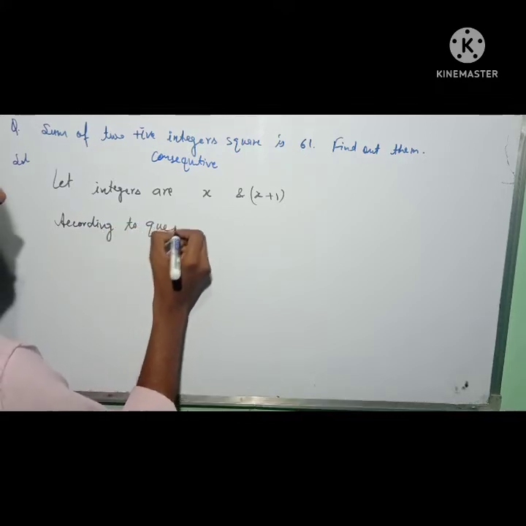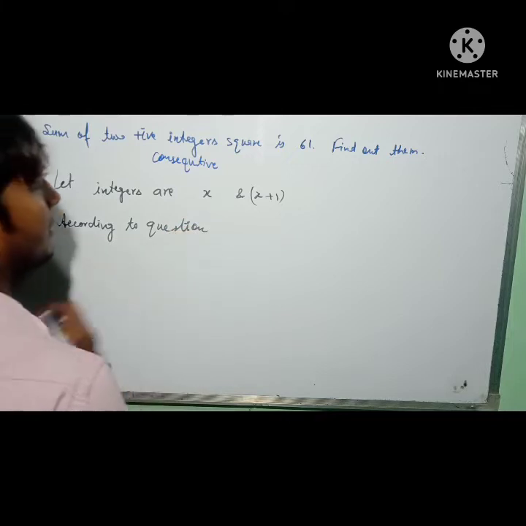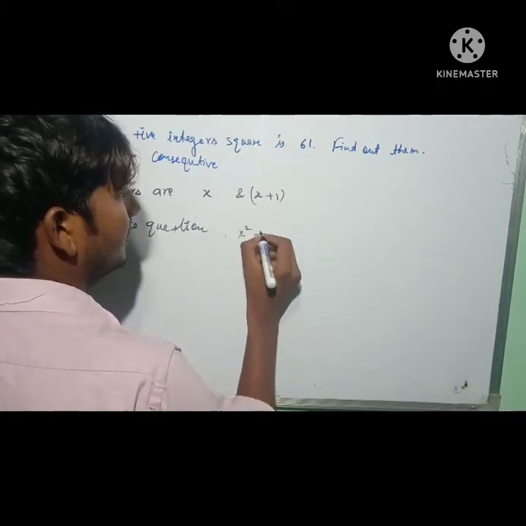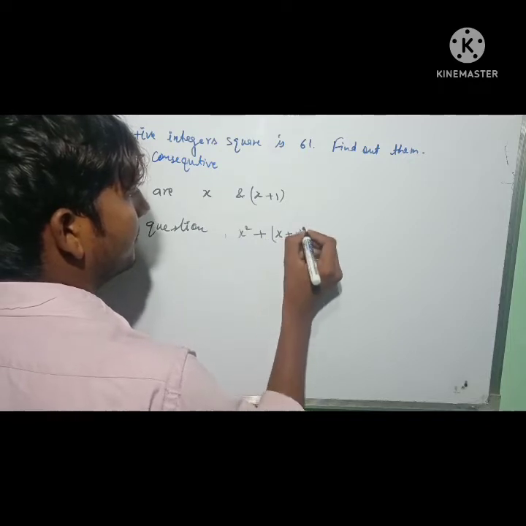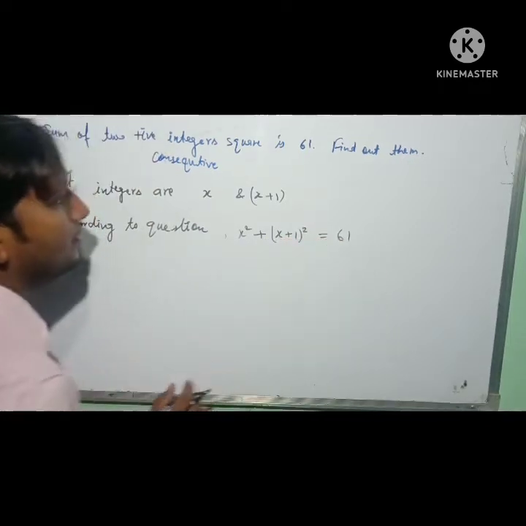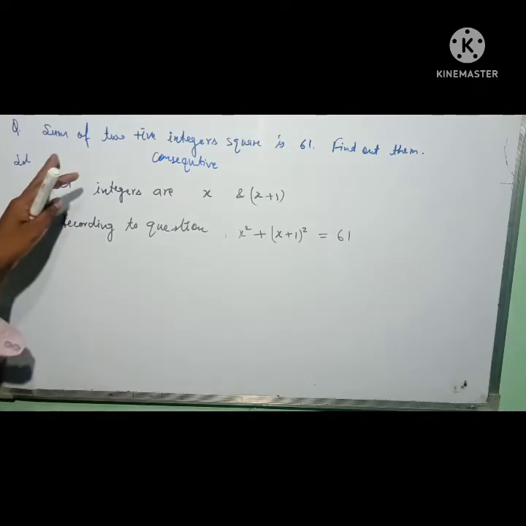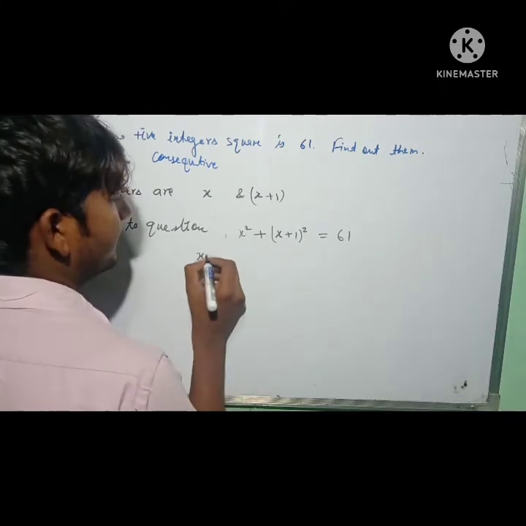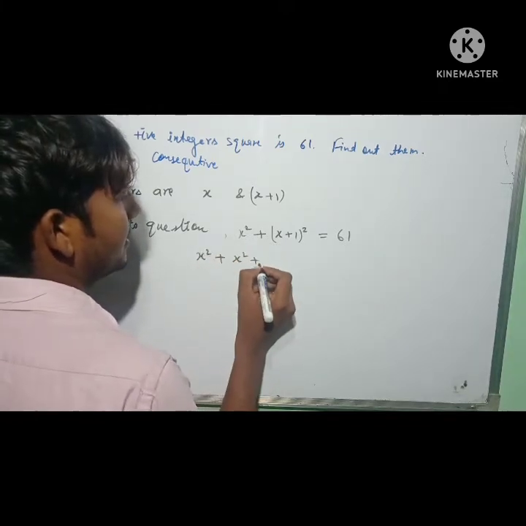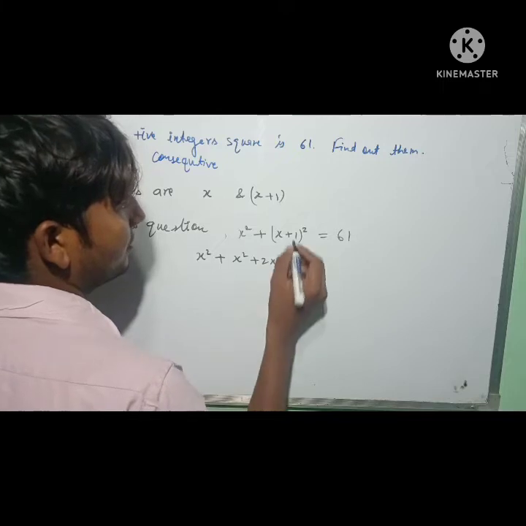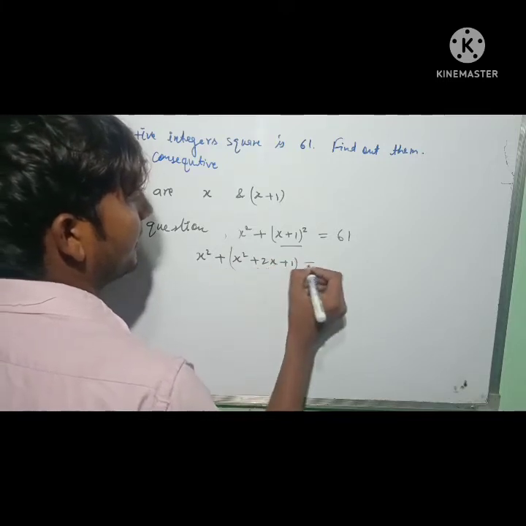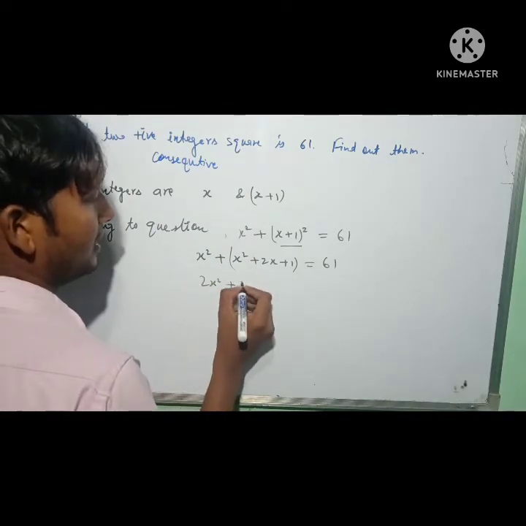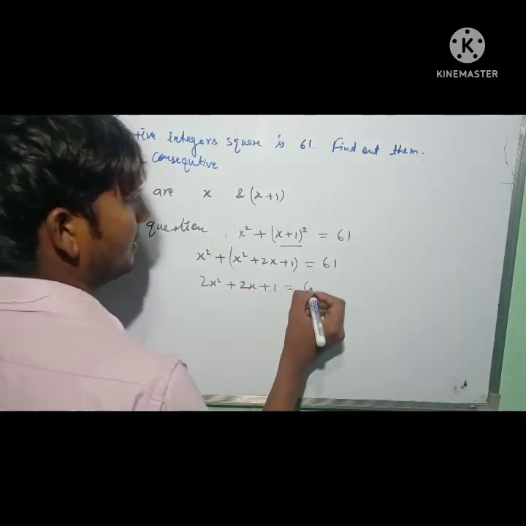According to the question, x squared plus x plus 1 whole squared is equal to 61, because the sum of squares is given. Now x squared plus x squared plus 2x plus 1, solving it, is equal to 61. 2x squared plus 2x plus 1 is equal to 61.